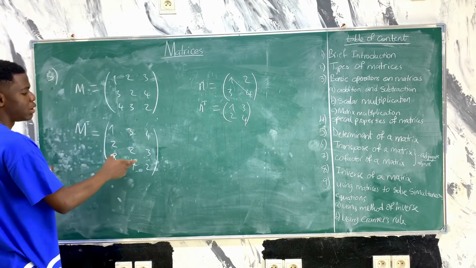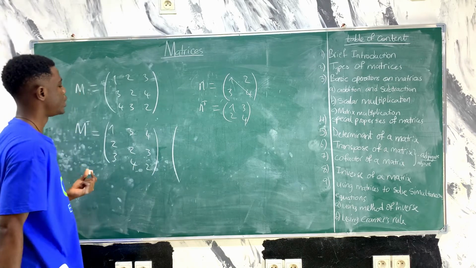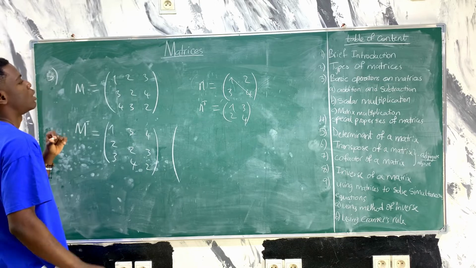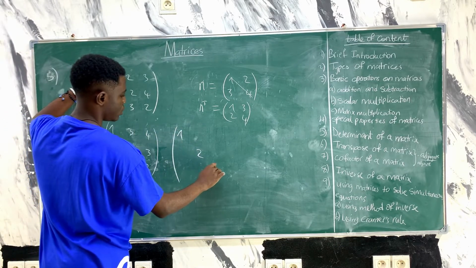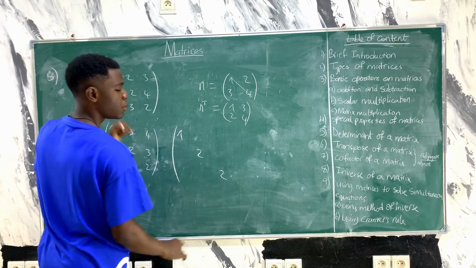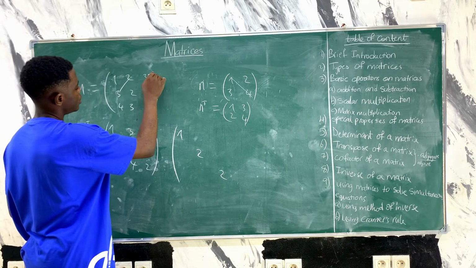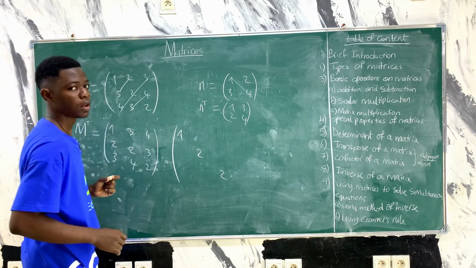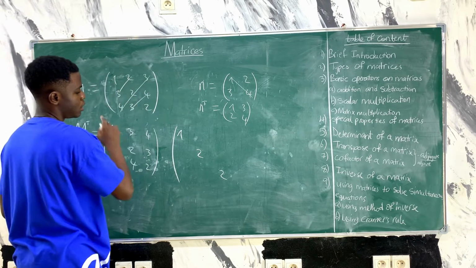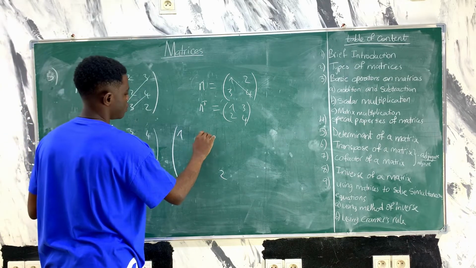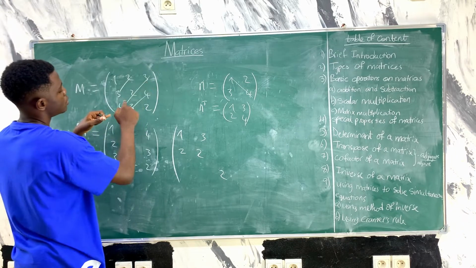If you have difficulties remembering the order, what I used to do is, when they ask me to find the transpose, M transpose, I keep the diagonal the same: 1, 2, 2. Then I switch the off-diagonal entries. I switch 3 and 2. Because the diagonal is the same, I switch these two.